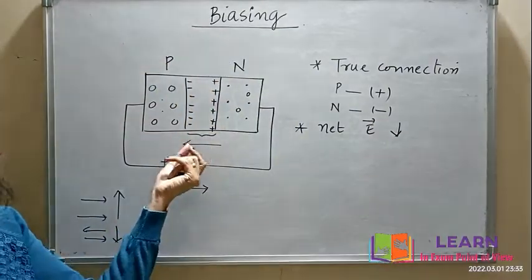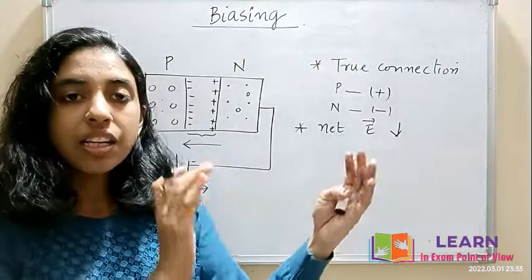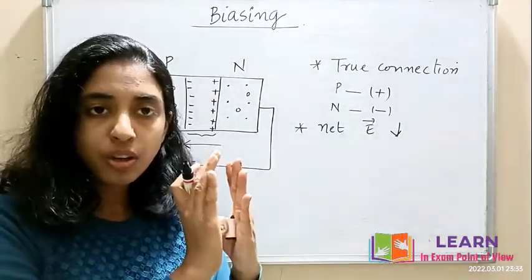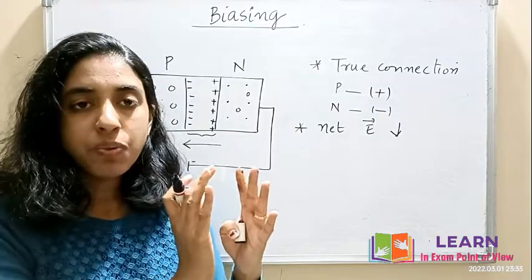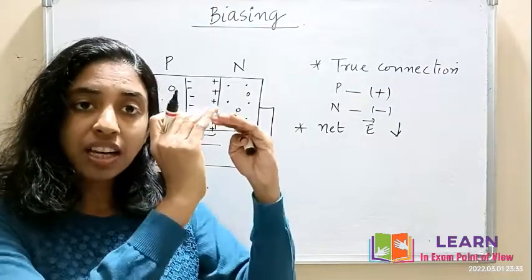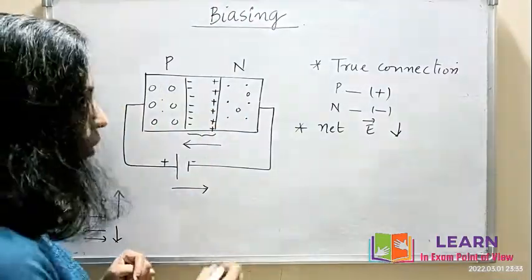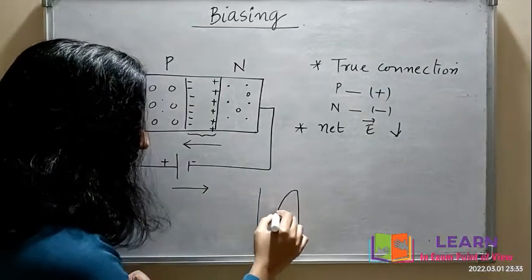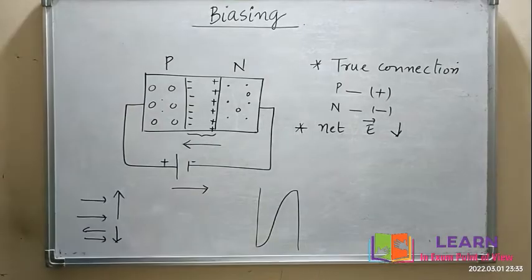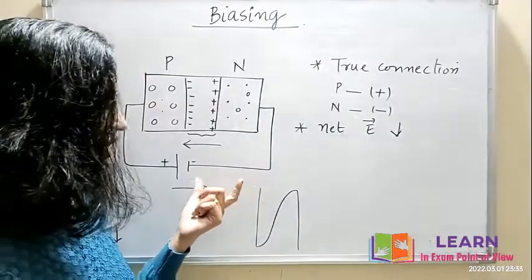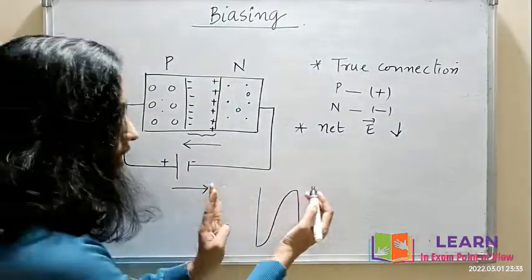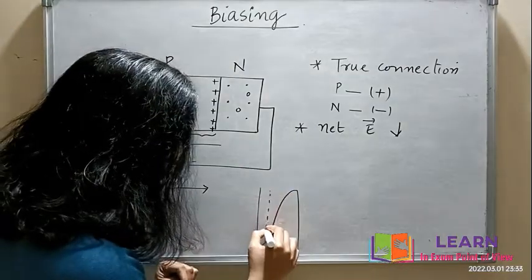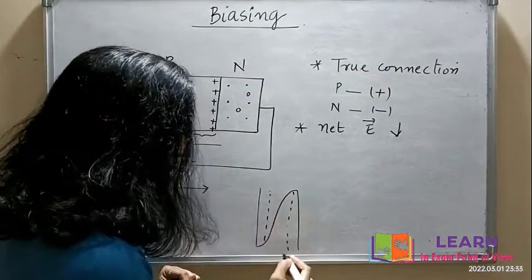As the net electric field decreases, the depletion layer width also decreases. Otherwise, we can say the potential barrier height will reduce. How? If this is the potential barrier, like this it was earlier. After connecting the forward biasing, the width of the depletion layer reduces, right?